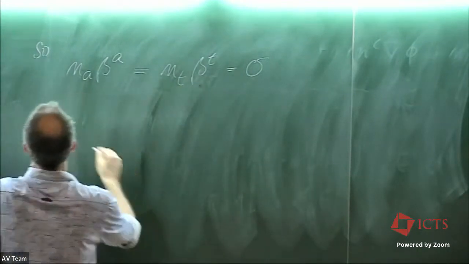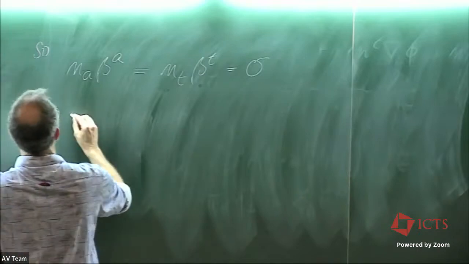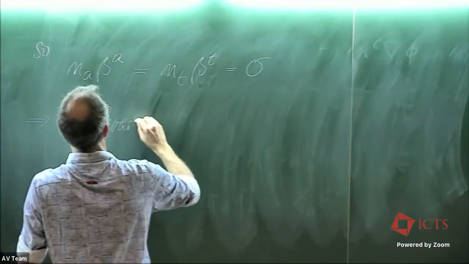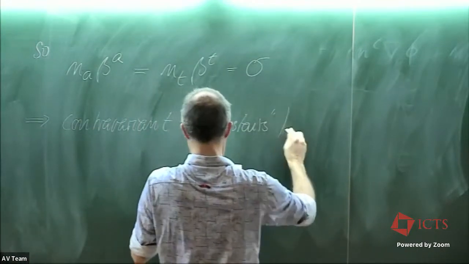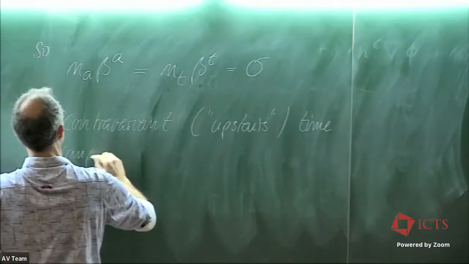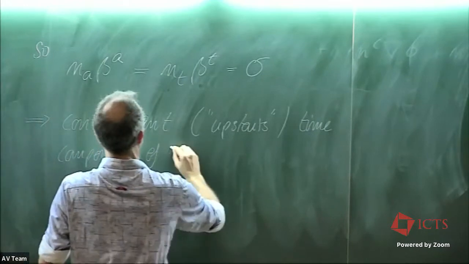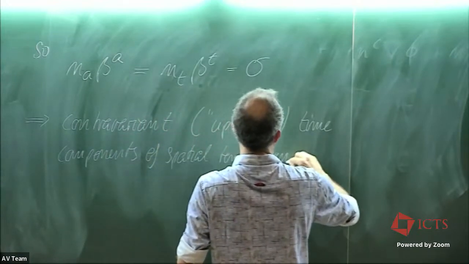Okay? So the general rule then is, if I have a spatial tensor with indices upstairs, then all the time components must be 0. Not true for the indices downstairs, okay? But it is true for the indices upstairs. So the contravariant, i.e. the upstairs indices, or time components, of spatial tensors vanish.